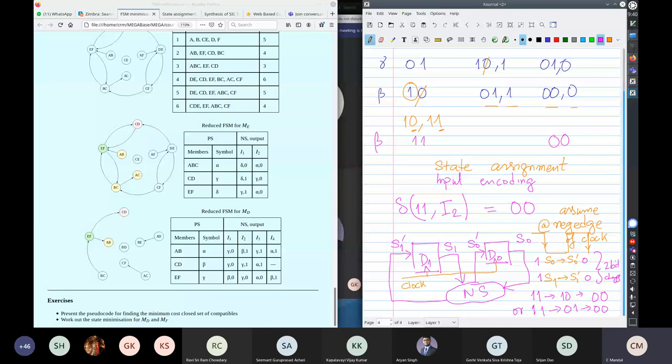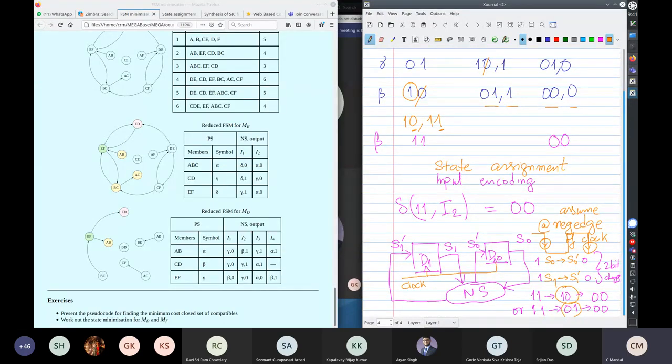Now, when you have the synchronous design, it doesn't matter. Why? Because these intermediate changes don't get reflected, because the transition happens only at the neg edge of the clock, right? And that is probably long after the values are stabilized.